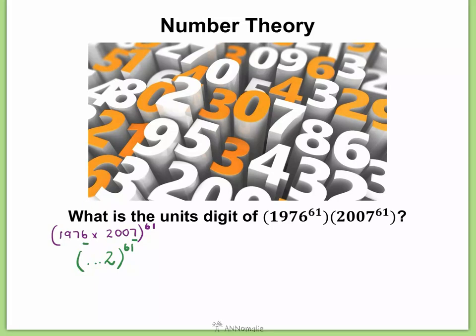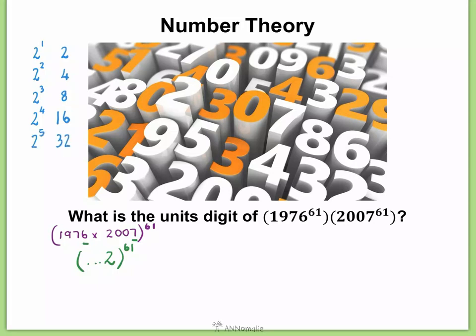And definitely yes. So 2 to the power of 1 ends in a 2, 2 to the power of 2 in a 4, 2 to the power of 3 ends in an 8, 2 to the power of 4 ends in a 6. So I'll just write 16. Then notice that the pattern repeats.